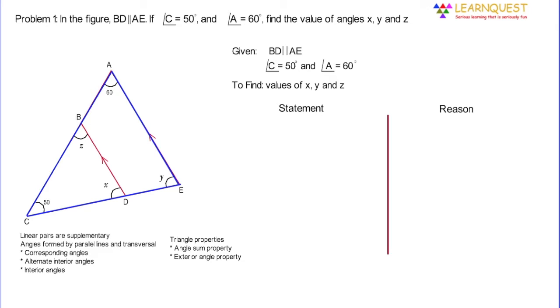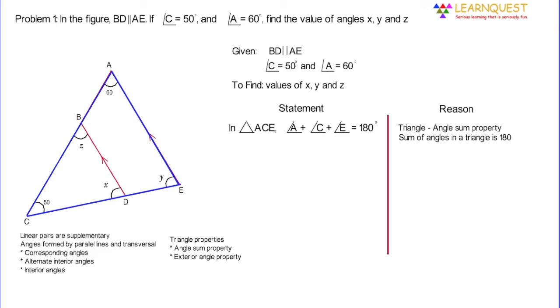And let us write down this statement that we made, that in triangle ACE, angle A plus angle C plus angle E is equal to 180 degrees. And why are we making such a statement? Because of the angle sum property of a triangle, which states that the sum of the angles in a triangle is equal to 180 degrees. So let us write that down in the reasons.